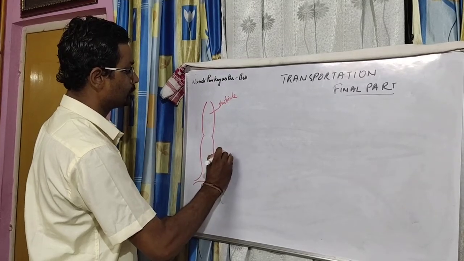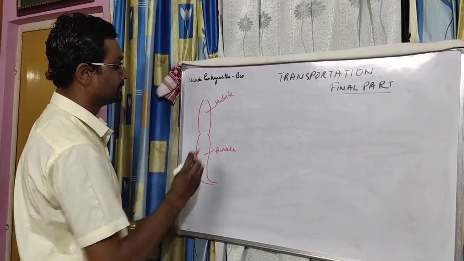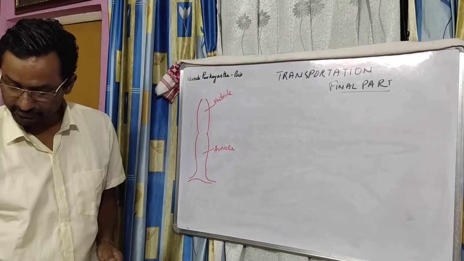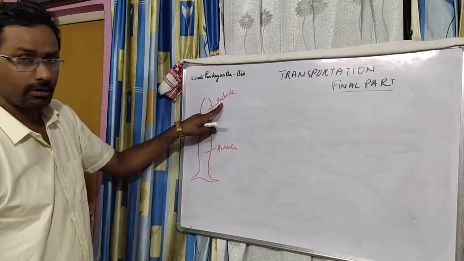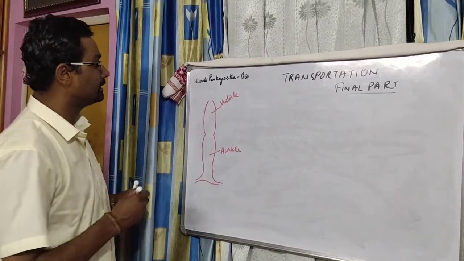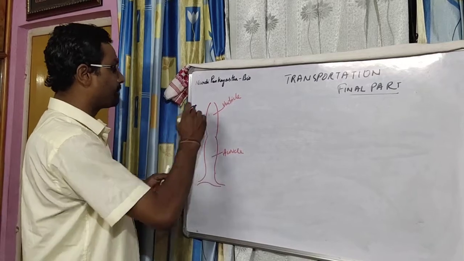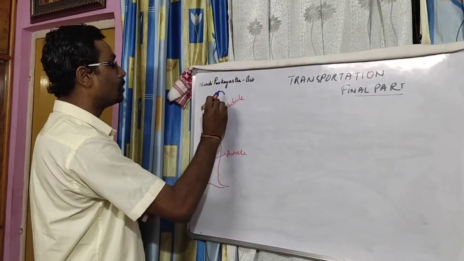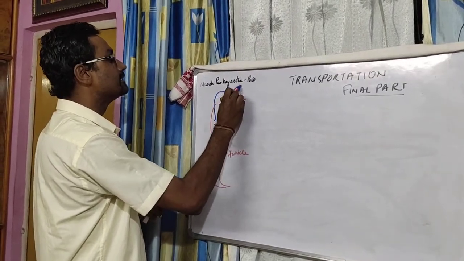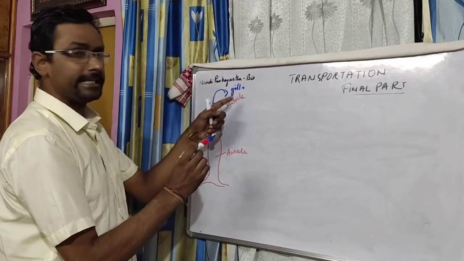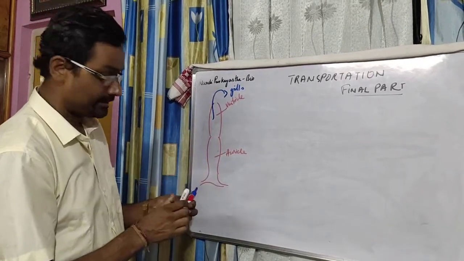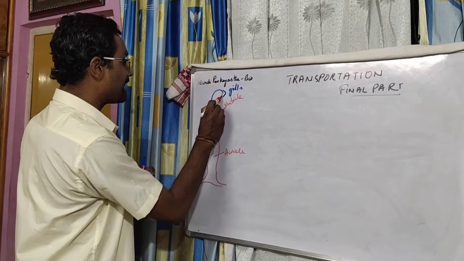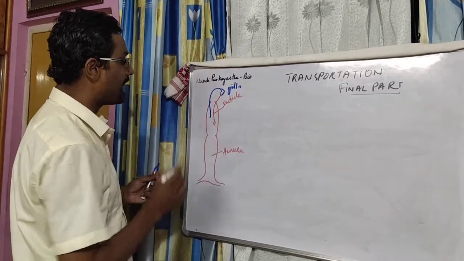Lower one is auricle. See what is happening here in the fish. One chamber of ventricle, one auricle. The blood from here goes to the gills, where it is purified, oxygenated. Then purified blood again comes to the heart.